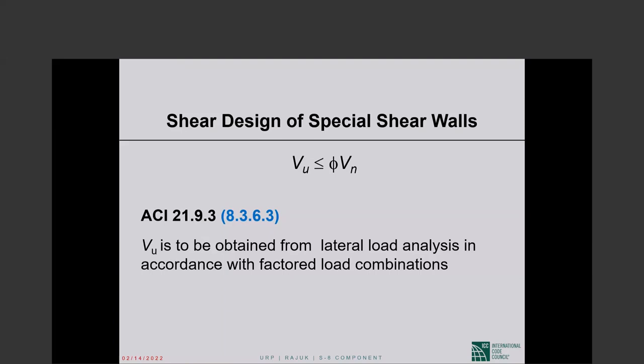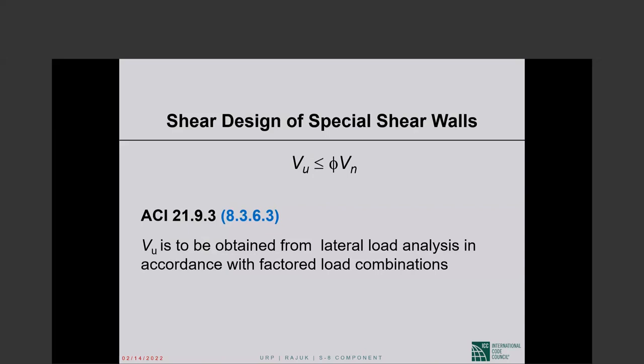In design, we will keep V sub u less than or equal to phi times V sub n, or we will have to provide design shear strength phi times V sub n. V sub n is the nominal shear strength, at least equal to the required shear strength V sub u. Now, in the case of special moment frame beams and special moment frame columns, we design for the largest shear that can develop in the member.